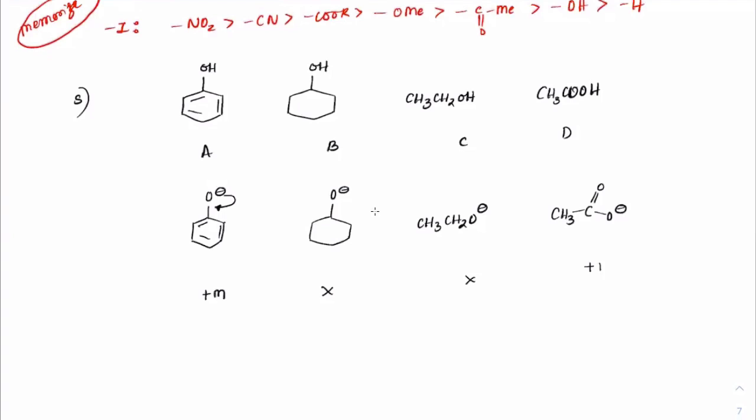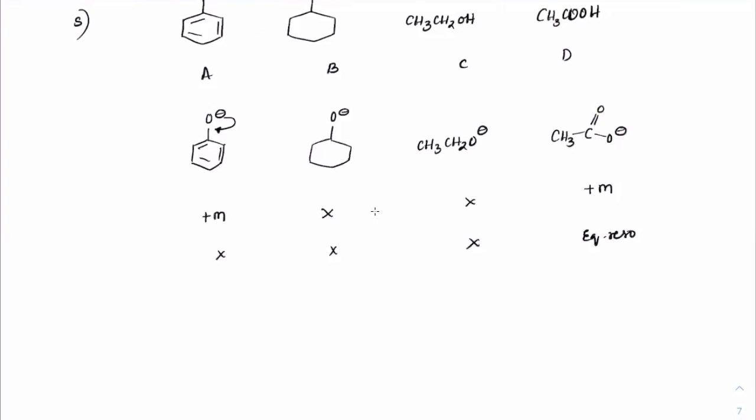Here there is definitely resonance, correct? Next, after resonance, check which has equivalent resonance. This one has equivalent resonance. These three do not have that. Next, check which are localized or delocalized. You can see this is delocalized, this is localized, this is localized, this is delocalized.